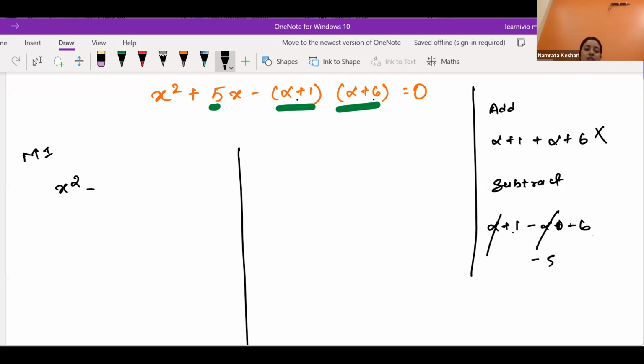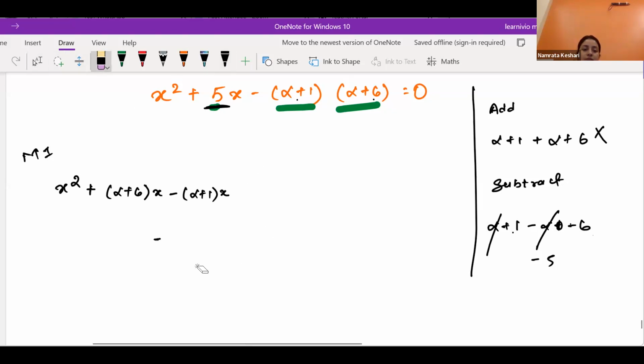So we will be having x square plus alpha plus 6 with x, at first we'll be writing, because we want to create plus 5. Minus alpha plus 1 with x, and then our c, whatever was there, minus alpha plus 1, alpha plus 6.